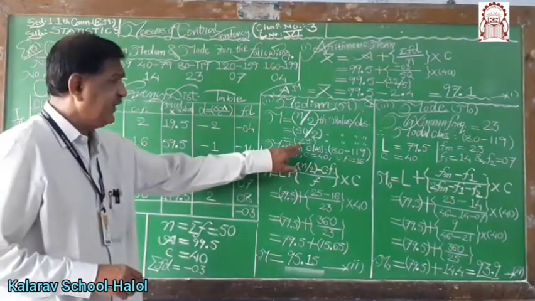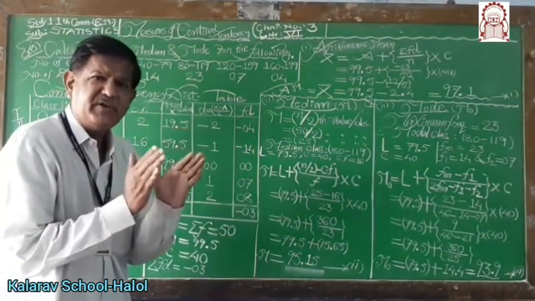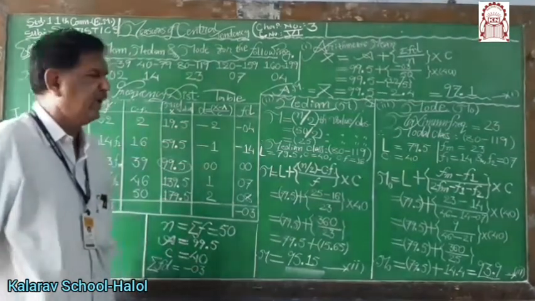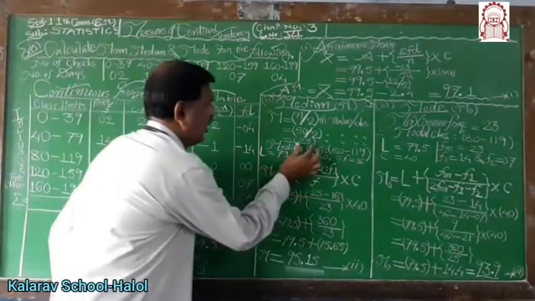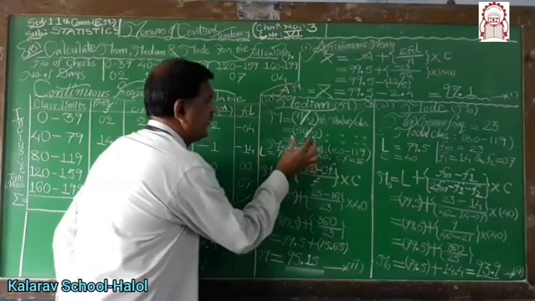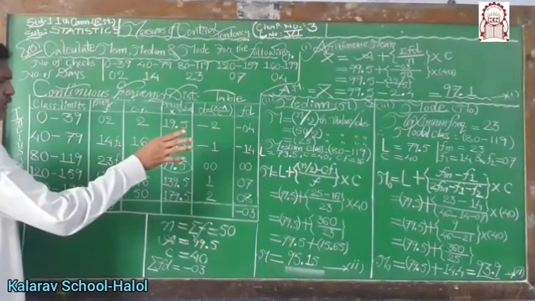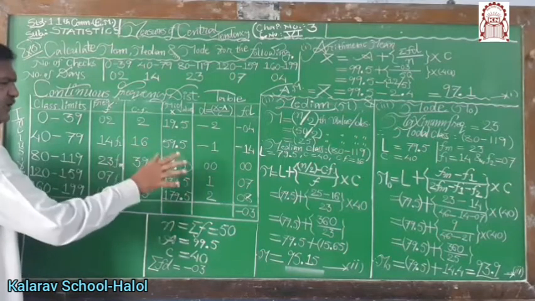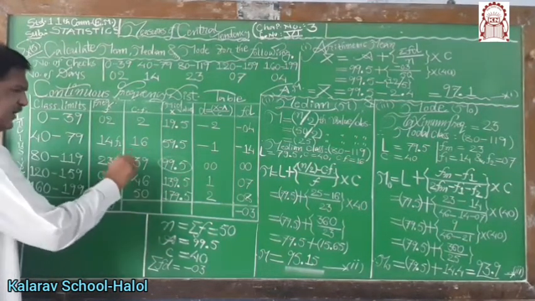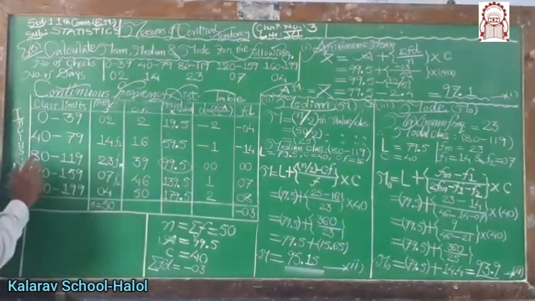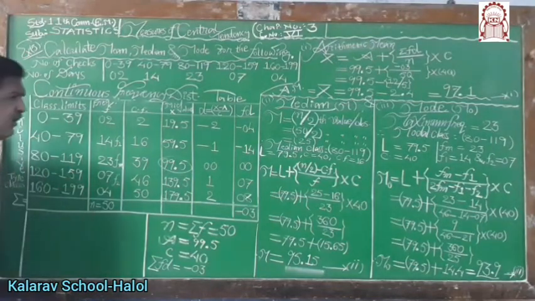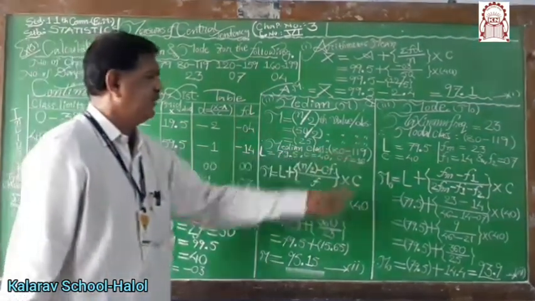This is not the median, but the value which ascertains the class of the median. We have to look for this value in the column of cumulative frequency. Up to 2, no 25. Up to 16, there is no 25. Up to 39, yes, there is 25. Therefore the median class is 80 to 119.